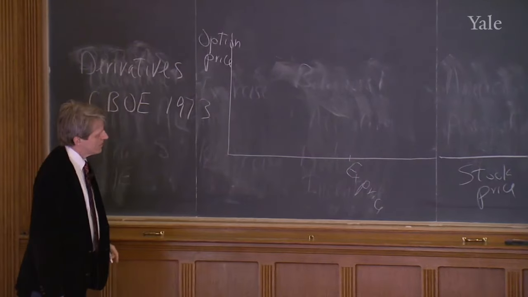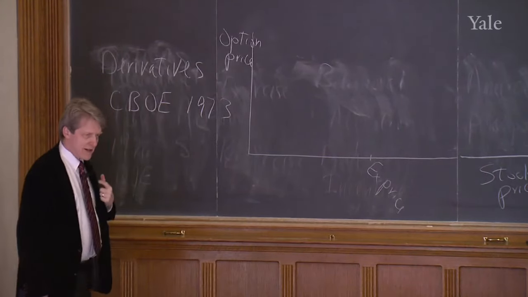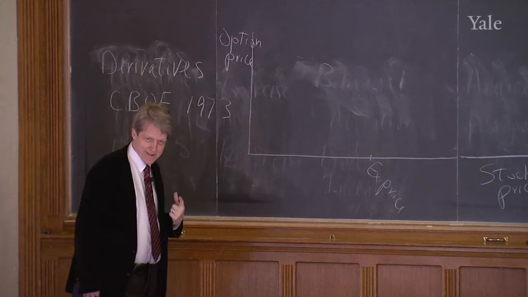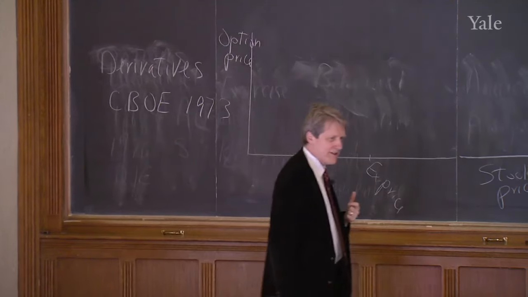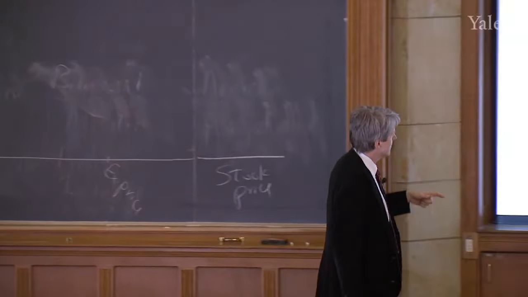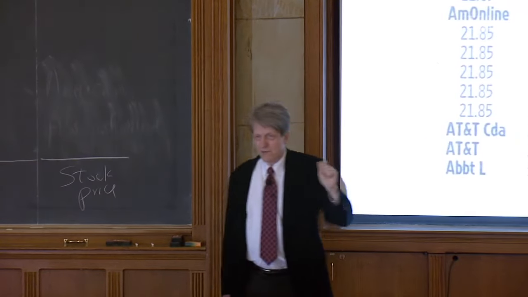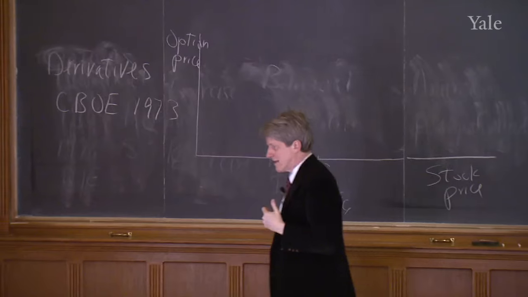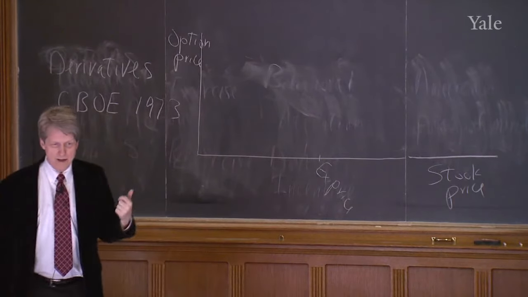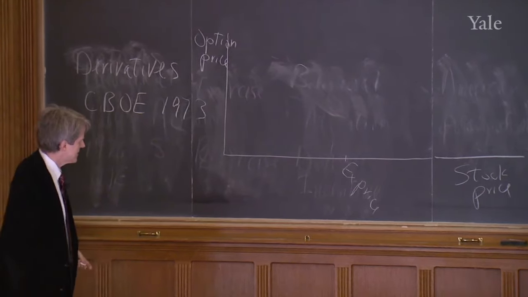Then let's look at the exercise date, the last day. The option is about to expire, and this is your last chance to buy the stock. Then it doesn't matter on that day whether it's an American or European option. They're both the same on the last day.